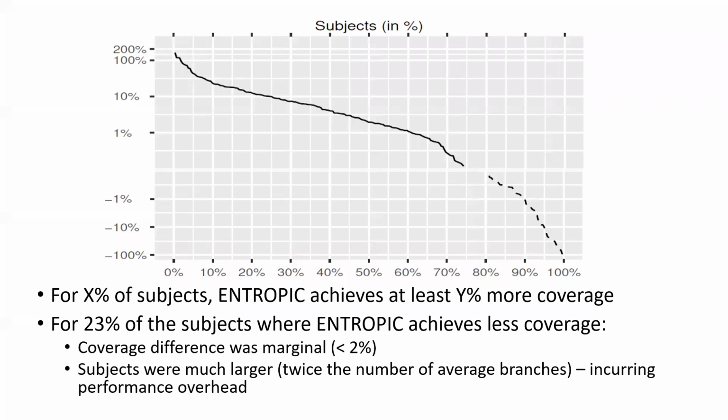So most of the differences are marginal, right? Among those 20%, maybe half or more than half only have a worse coverage of less than 1%, right?